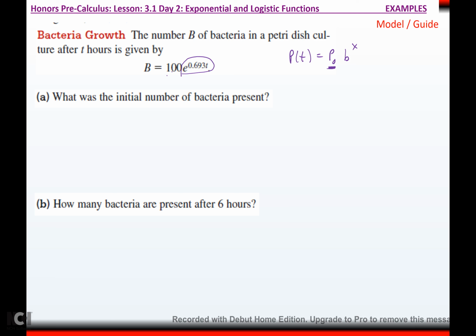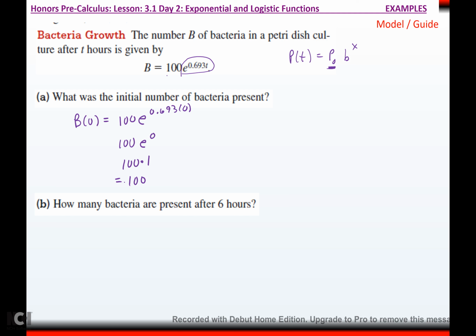Okay, so the initial number of bacteria present was 100. And if you want to do the math, to get the initial, you would do B of 0, which would be 100 times e to the 0.693 times 0. That would be 100 times e to the 0. That would be 100 times 1, which would be 100. I mean, you can do the math if you want, but it always works out.